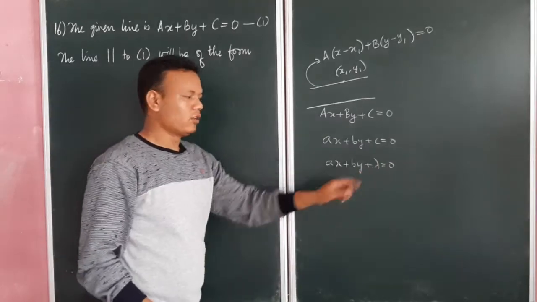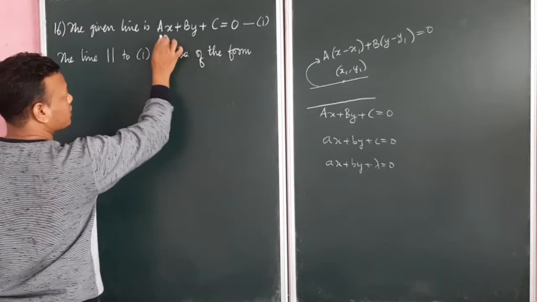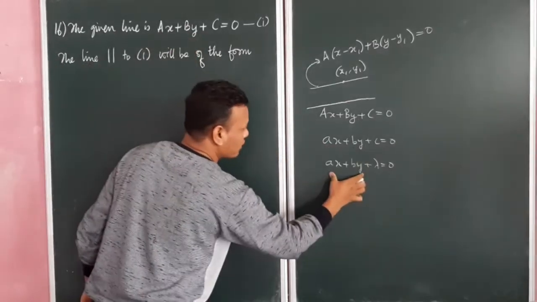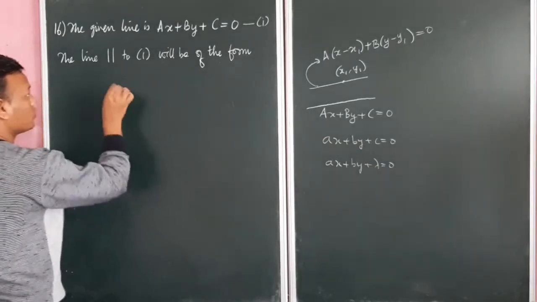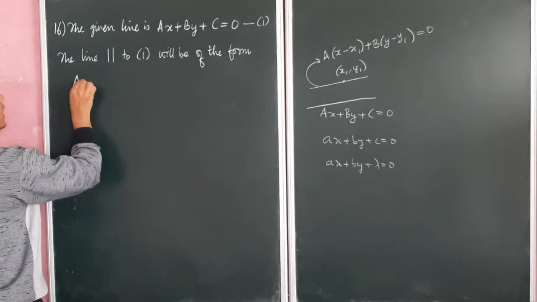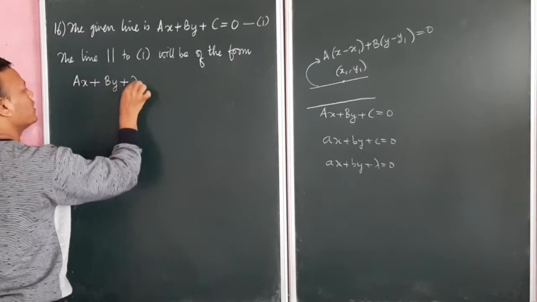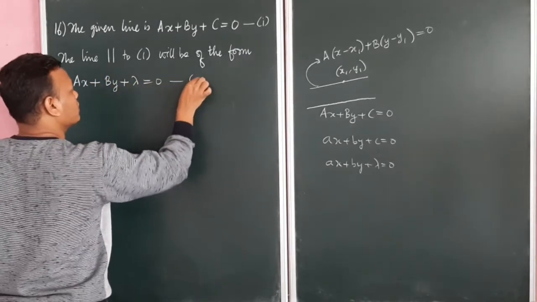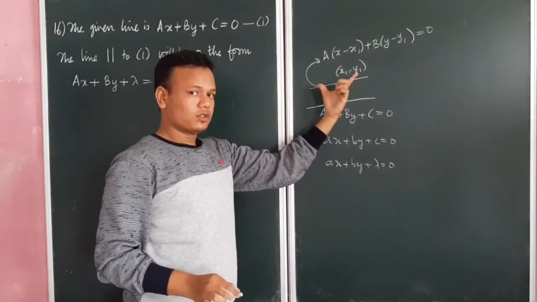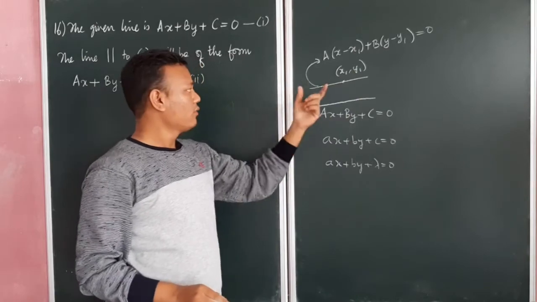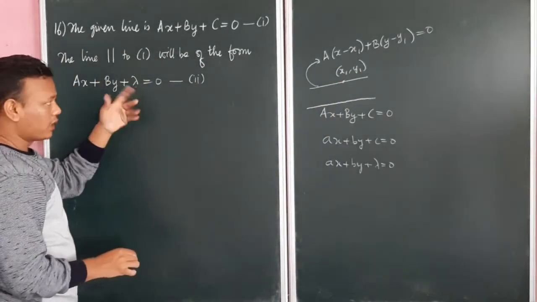And we need to find the value of lambda. The ax + by part won't change, as you can see. You just need to change c and make it lambda. Let me call this 2. So this is the line, because this is parallel to this. And we know that this line passes through (x1, y1). In order to find lambda we have to make use of that.